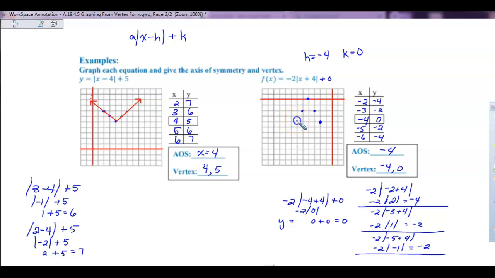And -6, -4. And then when I graph my lines, I'm making sure that they are straight, and that I have an arrow on both ends. And there's my graph.